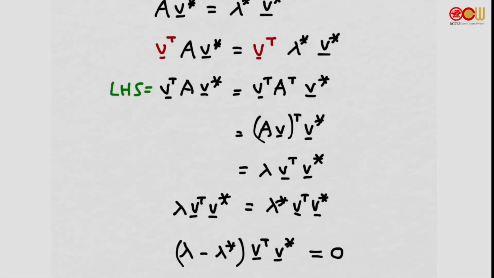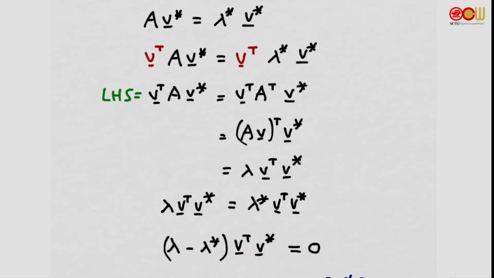Then combining these two, we get lambda minus lambda conjugate times the dot product. We want to show that lambda is the same as lambda conjugate, right? So if we can show this dot product is always non-zero, then we are done.